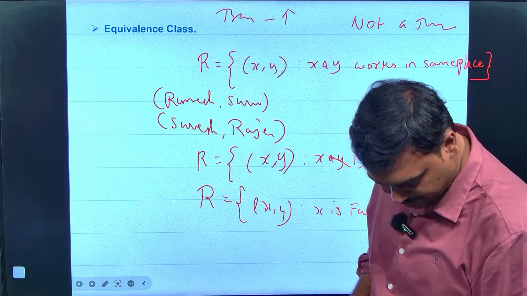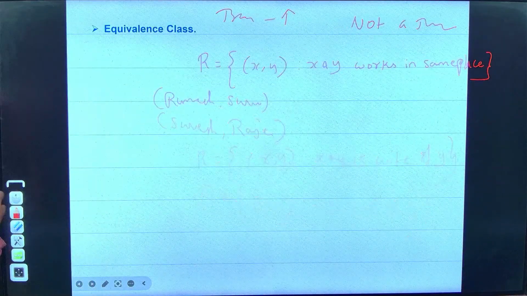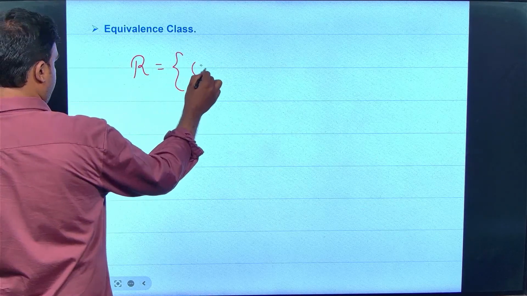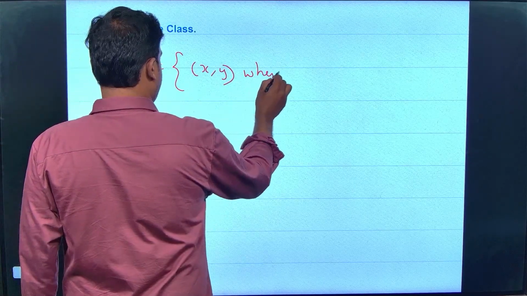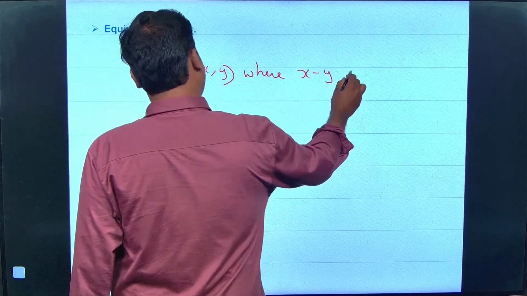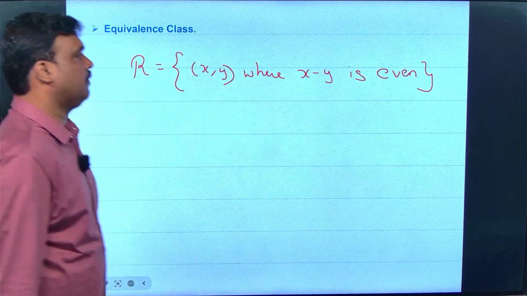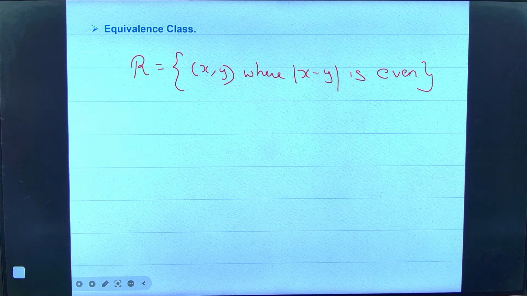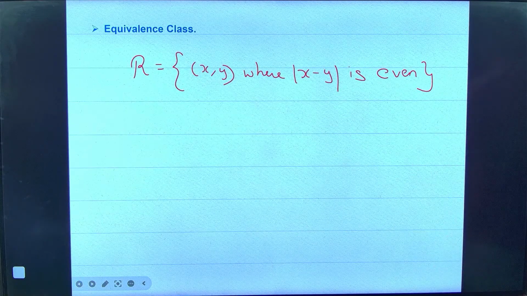So, let me take another example. Relation is defined as x comma y where the modulus of x minus y is even.